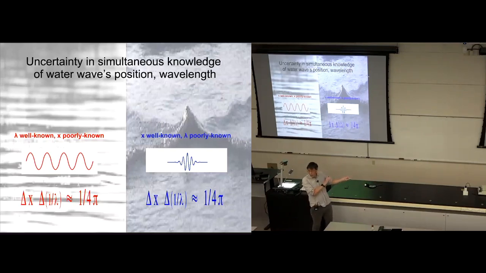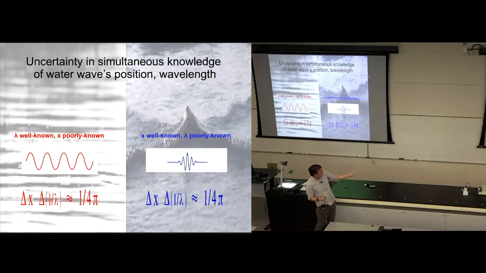It just makes my argument about the seesaw more quantitative. In this case, we know the wavelength really well, so this term would be small. This is the uncertainty in the wavelength. We know this really well. This is small, which means that this must be big if this product has got to equal 1 over 4 pi.